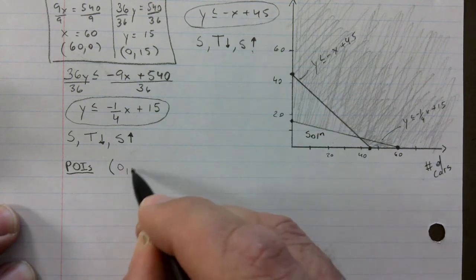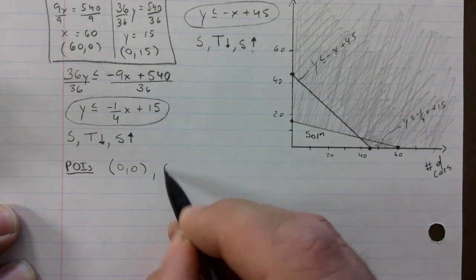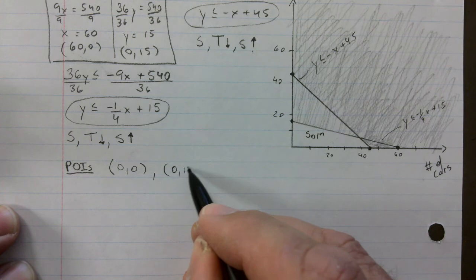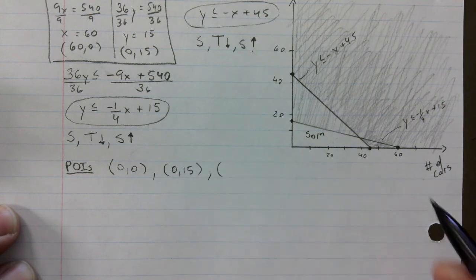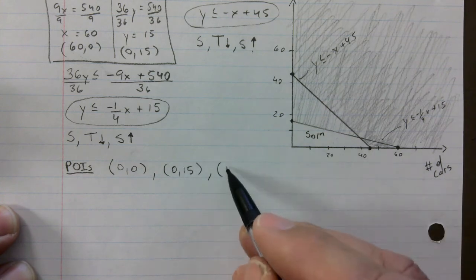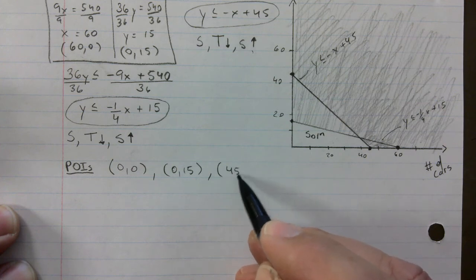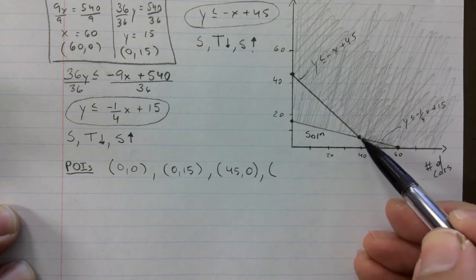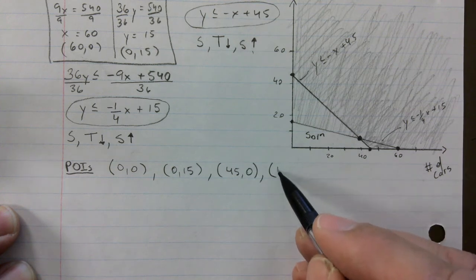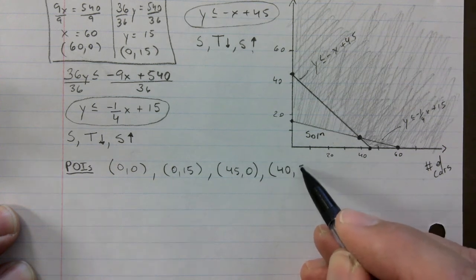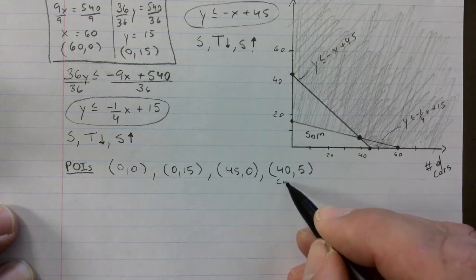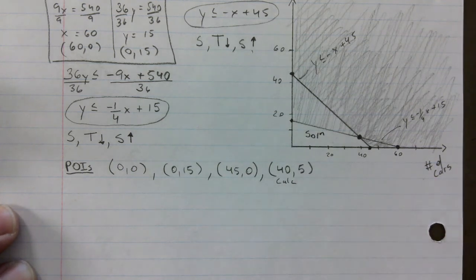Yes, it is. Comma. This one is 0, 15. Comma. Down here is 45, 0, comma. This one we just found here, right? That one was 45. I'm going to just make a note that I used the calculator for that one.